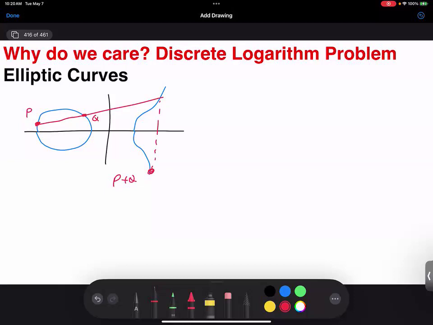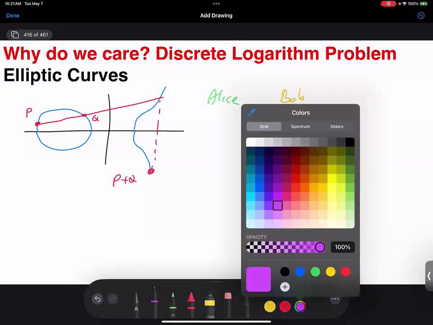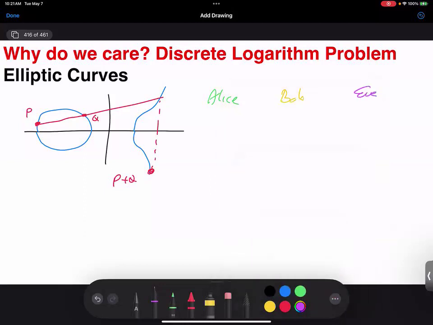And we can play the same game as before. We'll have Alice, we'll have Bob, and then we will have Eve / Charlie. So I guess this time I wrote Eve first, but that shouldn't really matter. And so now everybody is going to be told some point on an elliptic curve.